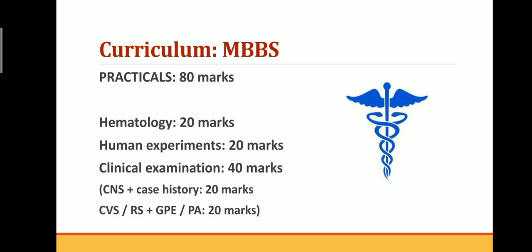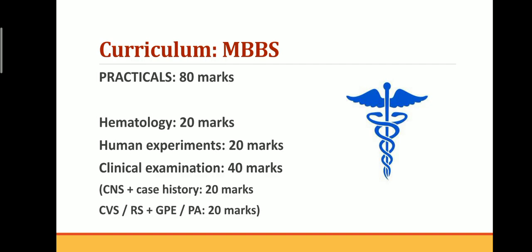So, as far as the curriculum is concerned, in the MBBS course, practical marks carry 80 marks weightage. In that, hematology carries 20 marks, human experiments 20 marks, and clinical examination carries 40 marks altogether.